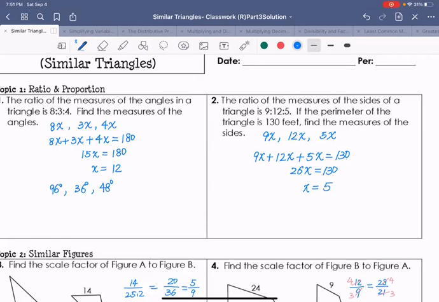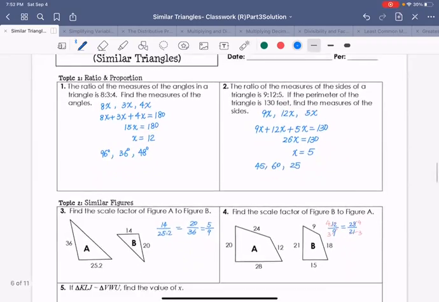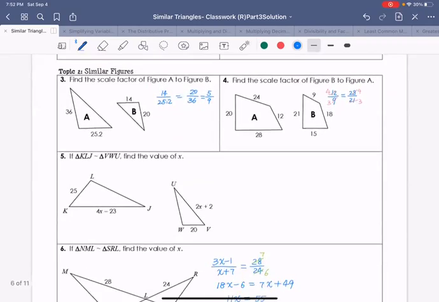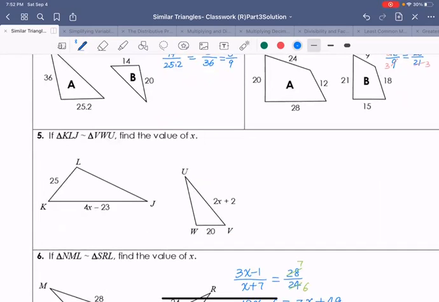So if you plug it, so it would be 45, 60, and 25. There you go. Does this question make sense? Yes. Okay.